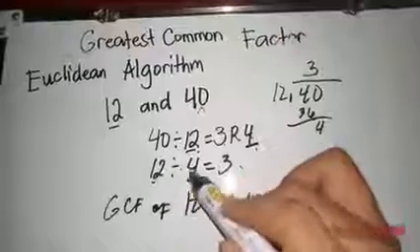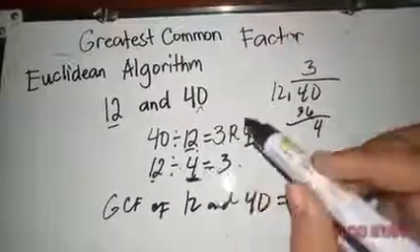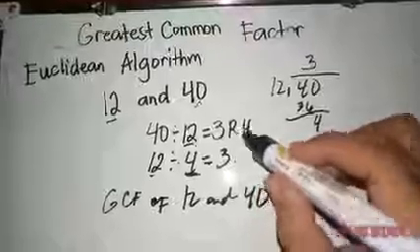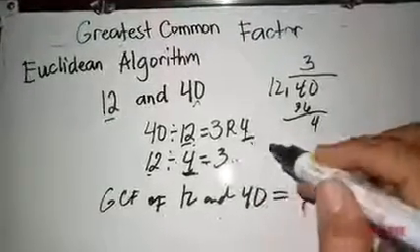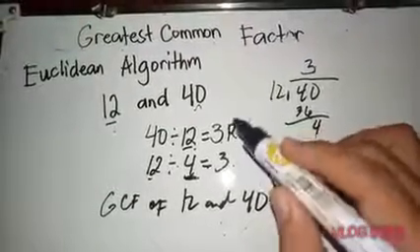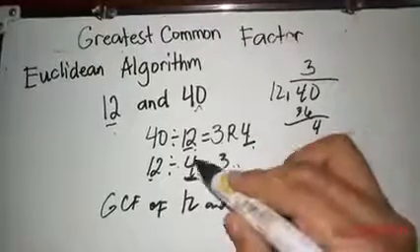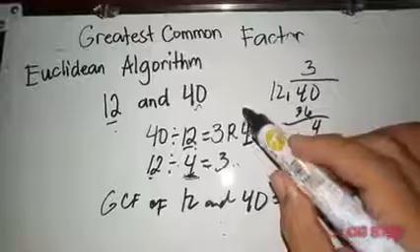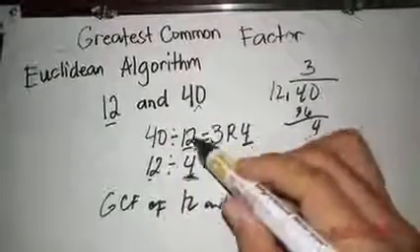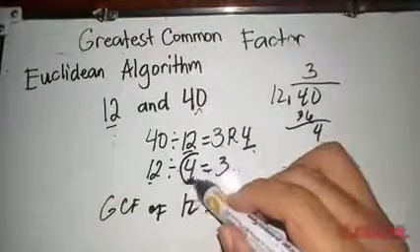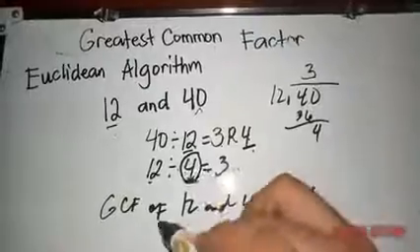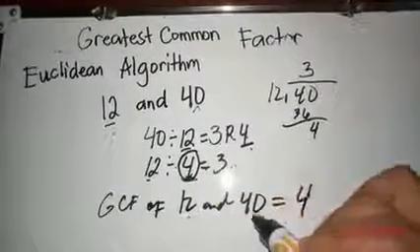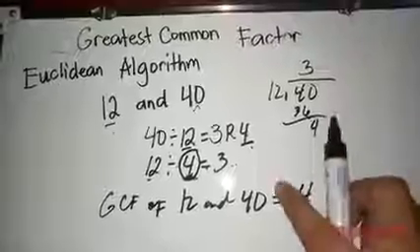So 12 divided by 4, the answer is 3. If there is no remainder, this is the end of the steps in the algorithm. The last divisor will be the greatest common factor of the two numbers. Since the last divisor is 4, we can say that the greatest common factor of 12 and 40 is 4.